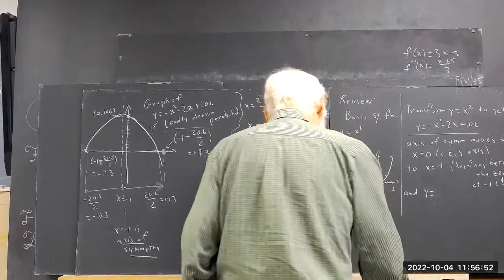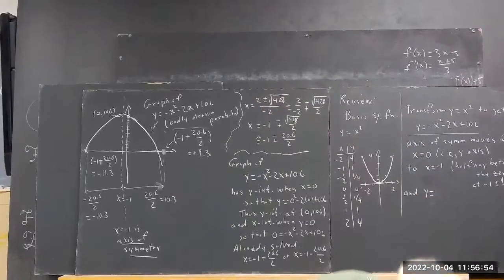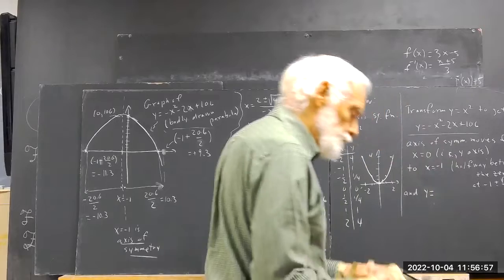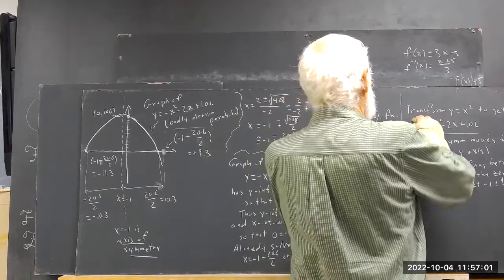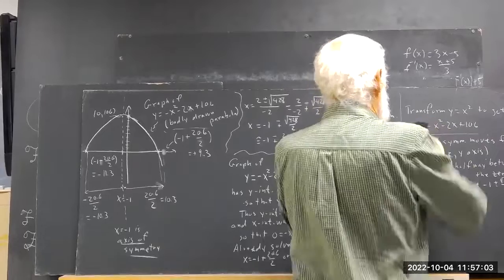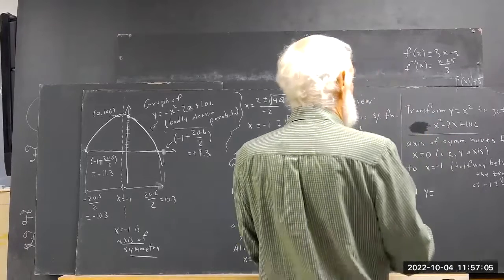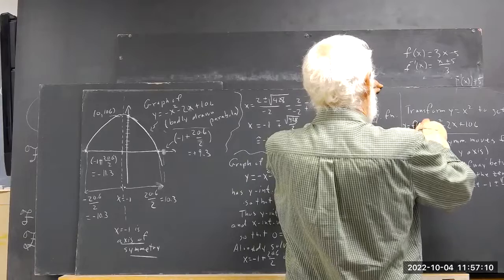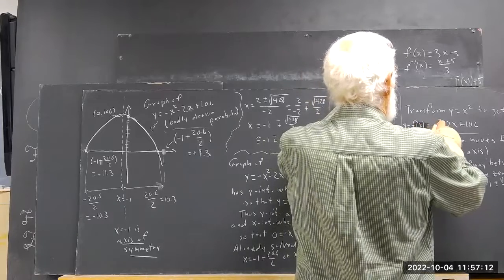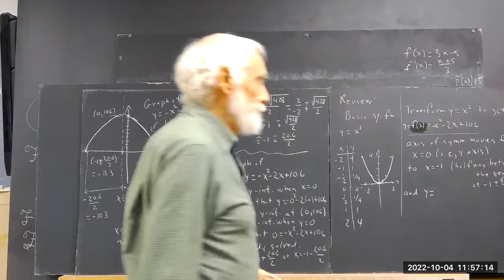Okay, I'm going to introduce an f of x notation here because I need it now to talk about what I'm going to do to find the y intercept. So instead of saying y equals this, you'll say y equals f of x equals this.